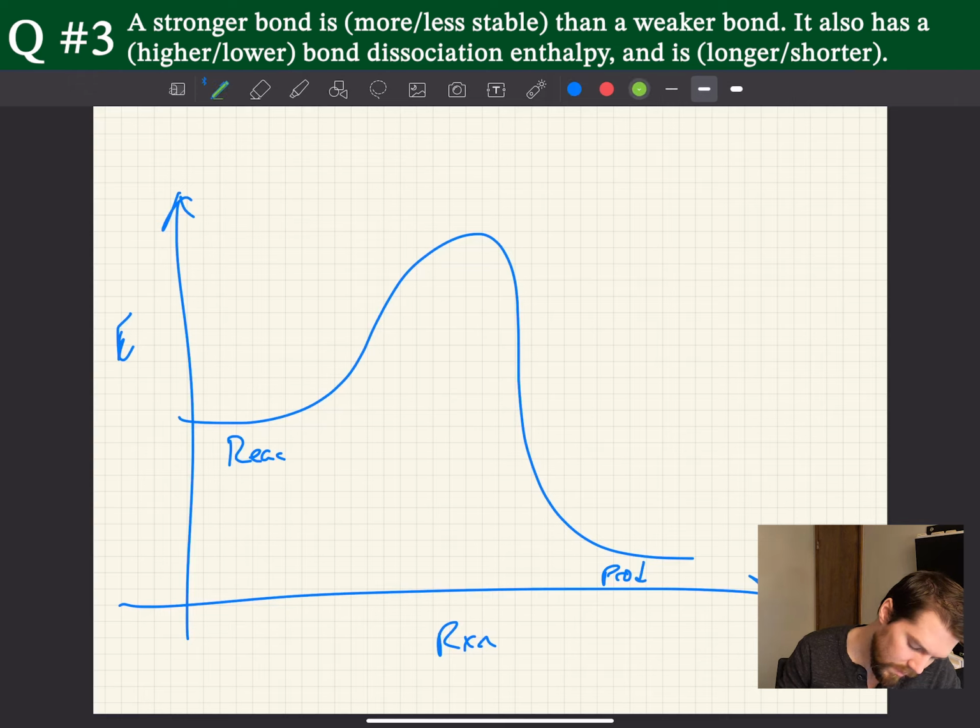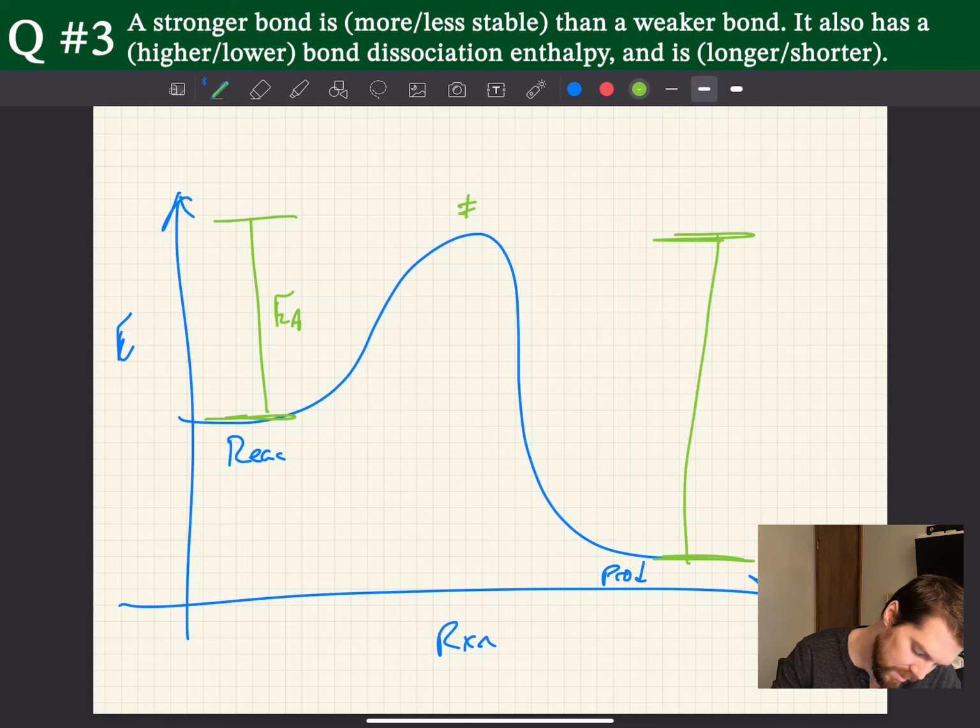So let's look at the activation energy here. That's the energy required to reach our transition state from the reactant side. And from the product side, it's much bigger.